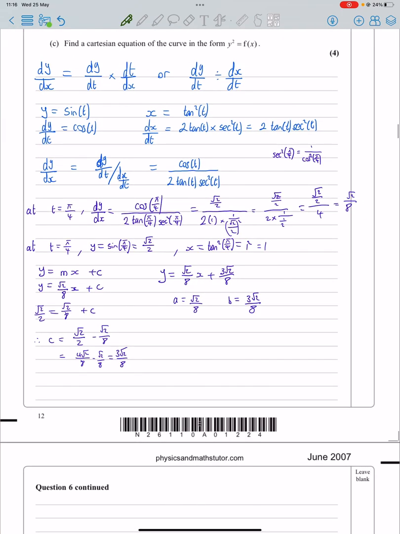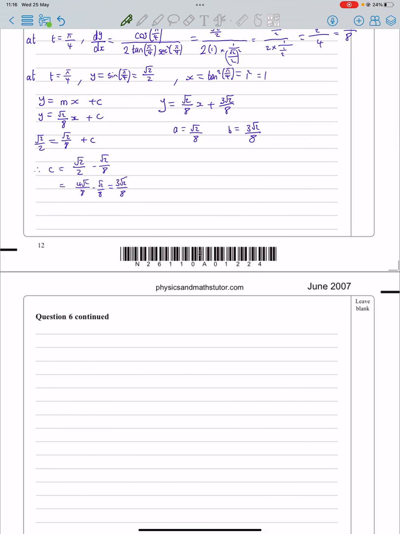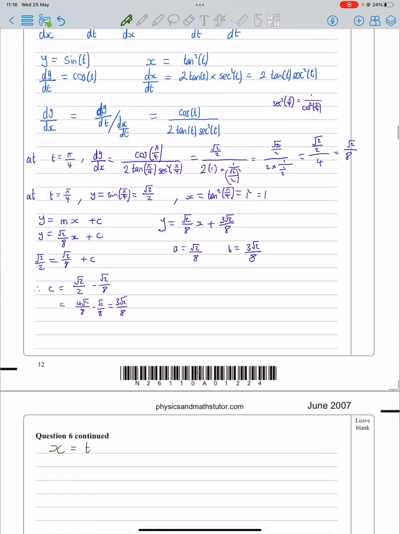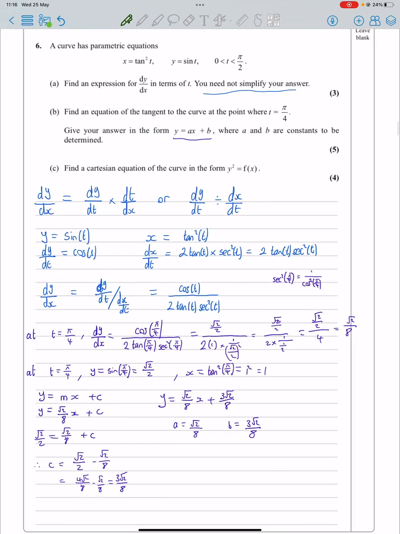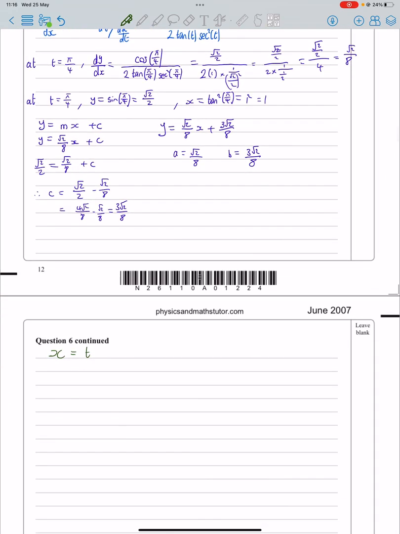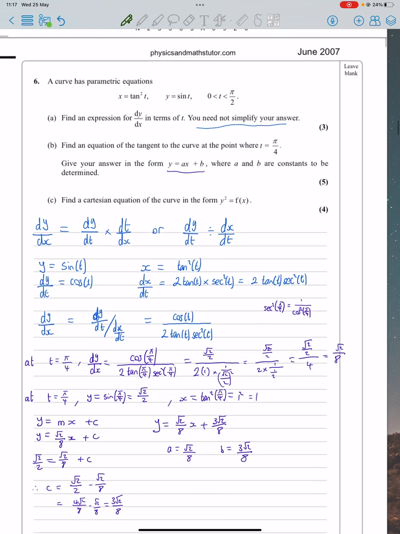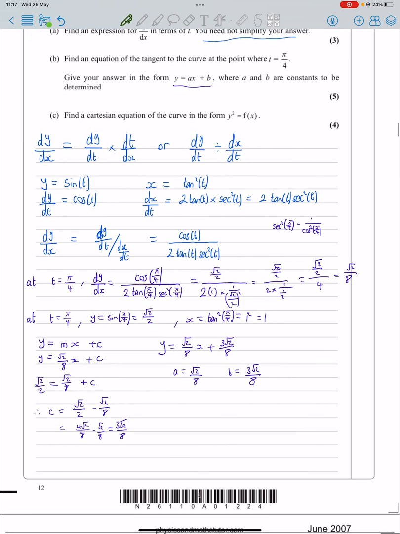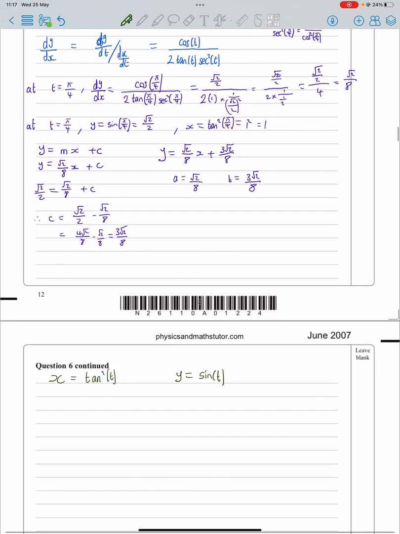So let's just remind ourselves that x was equal to tan squared t, and y was equal to sine t.